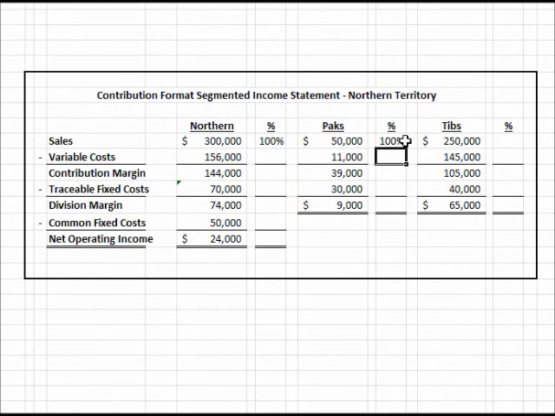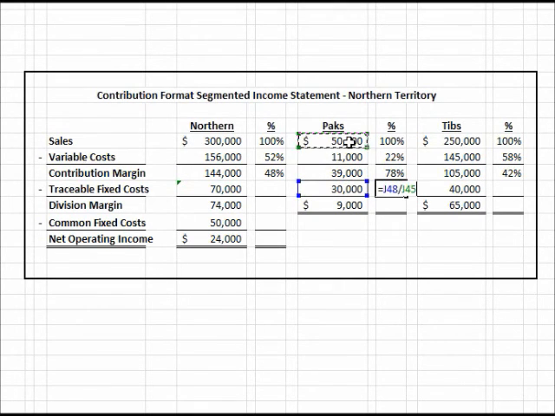100%, 100%, and 100%. And this is going to be 156, which is 52% of that. That is 22% of that. That is 58% of that. And so 30,000 is what percent of 50,000?